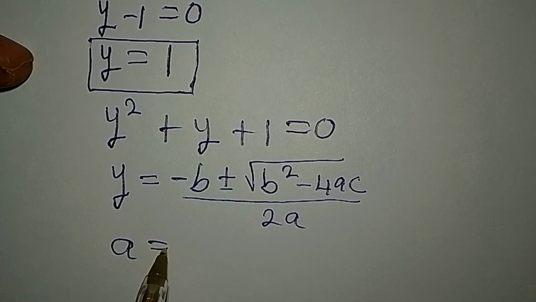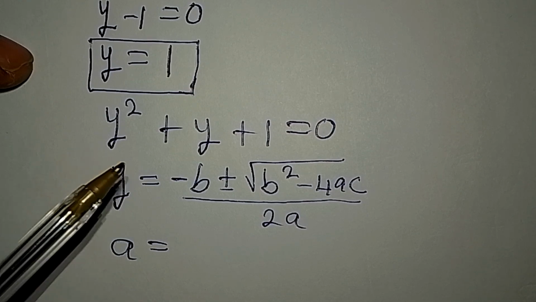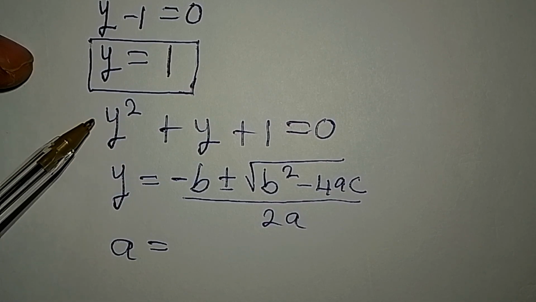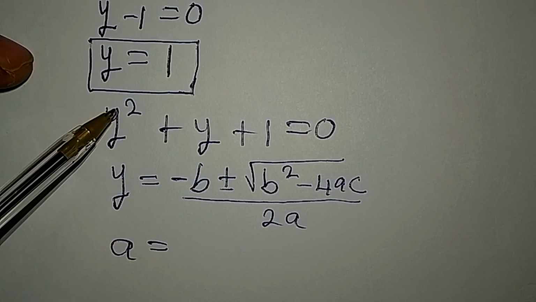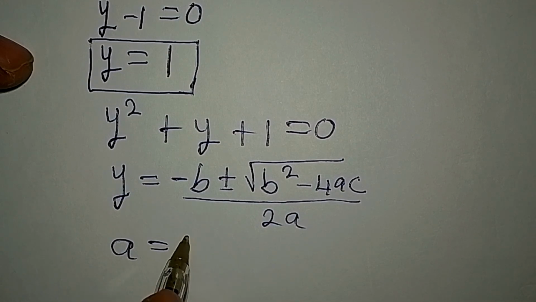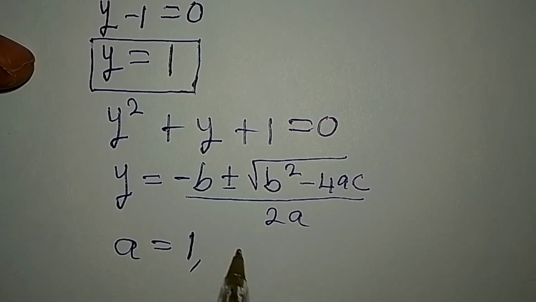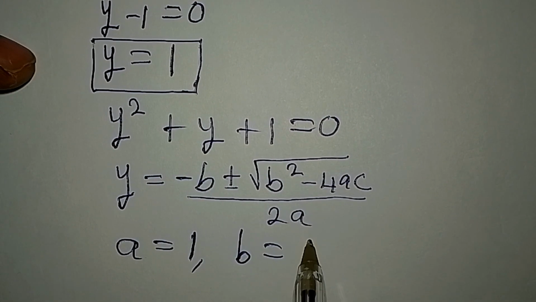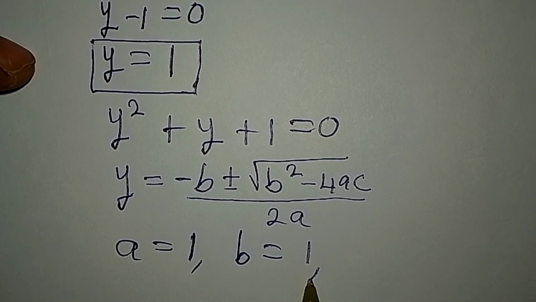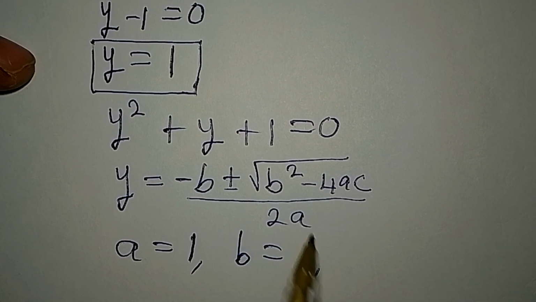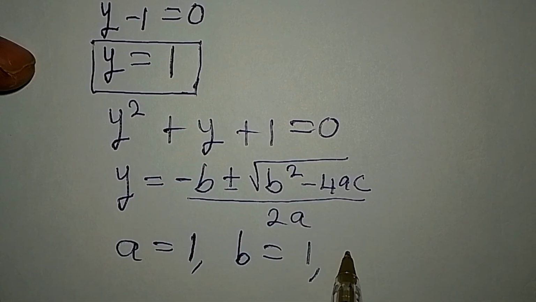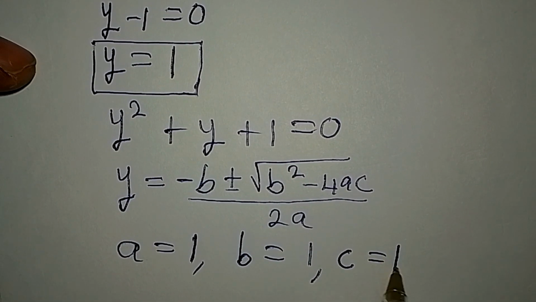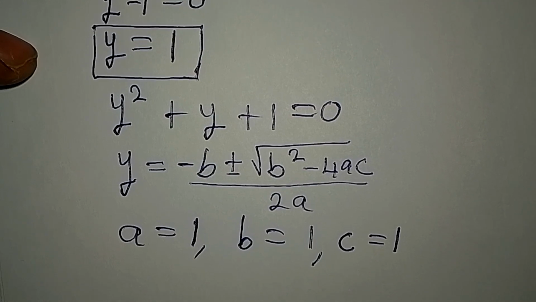Our a is the coefficient of y squared, so it is 1. Then our b is the coefficient of y, and that is also 1. And our c is the constant, and that is equal to 1. So we're having triple ones, right?